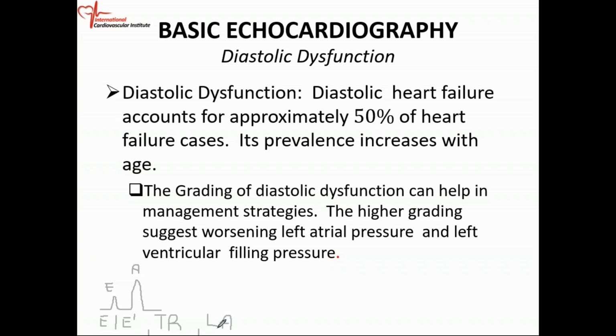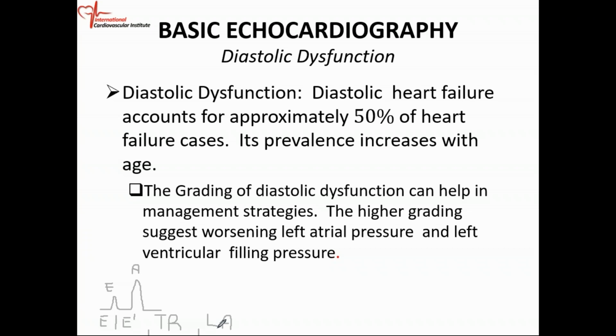So again, the 4 things you're going to look at to determine the severity, or to grade the diastolic dysfunction: your E to A ratio, E to E prime ratio, and for simplicity let's just use the medial E to E prime ratio, your TR velocity, and your left atrial volume index.